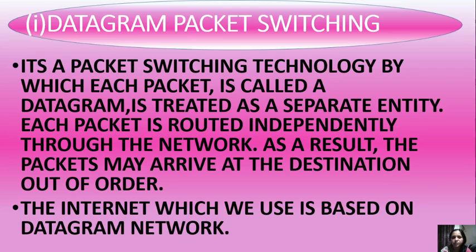Each packet is routed independently. It means if there are four packets, four parts of a message, they can move independently. They can choose the path or route independently through the network. As a result, the packets may arrive at the destination out of order.